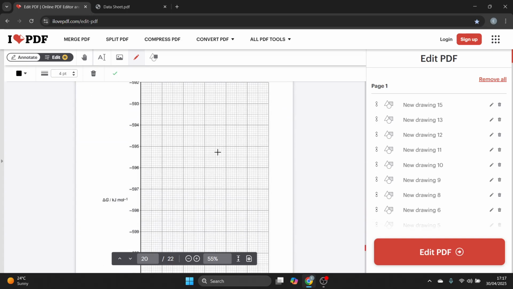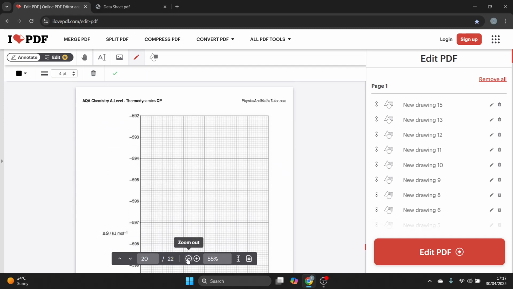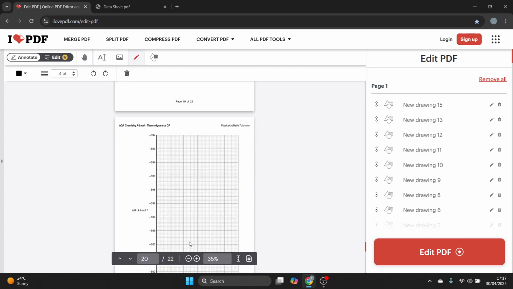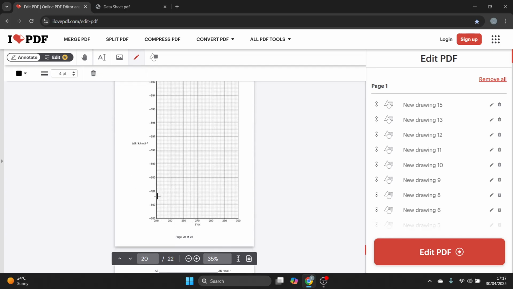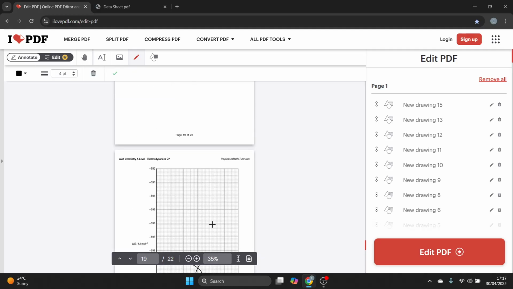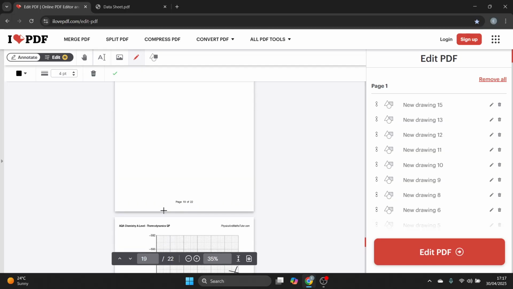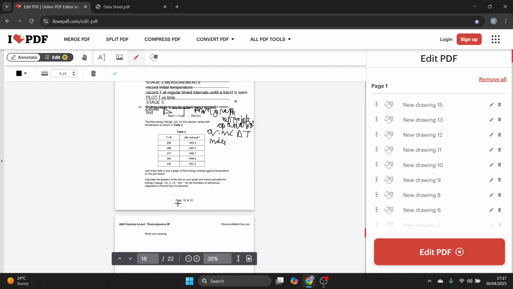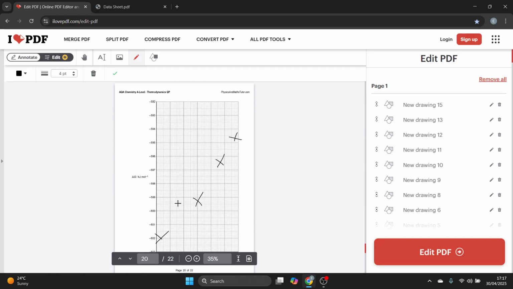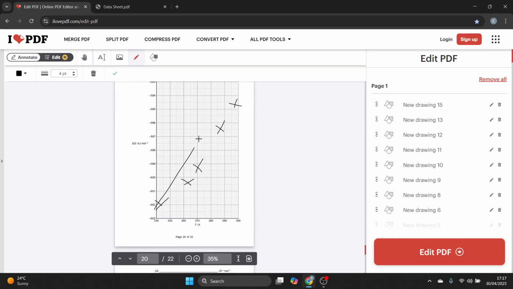So I plot the graph. I'm just going to quickly copy from the mark scheme because that's not what I want to go through right now. Okay, get the graph. There's only 5 points, and then you get a straight line. That's the main thing.